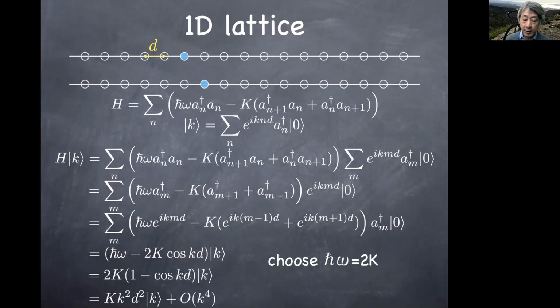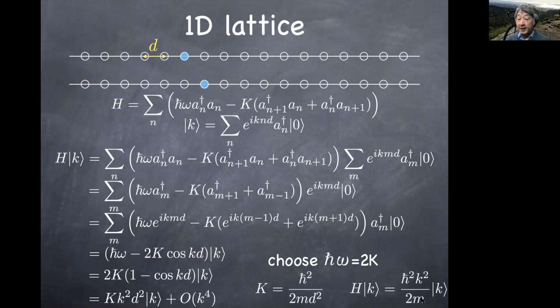So this quadratic term is the dominant piece. Then you find something that is proportional to k squared. So in addition to choosing h bar omega to be 2K, if you further choose K to be h bar squared over 2md squared, then this eigenvalue of the Hamiltonian turns into h bar squared k squared over 2m.